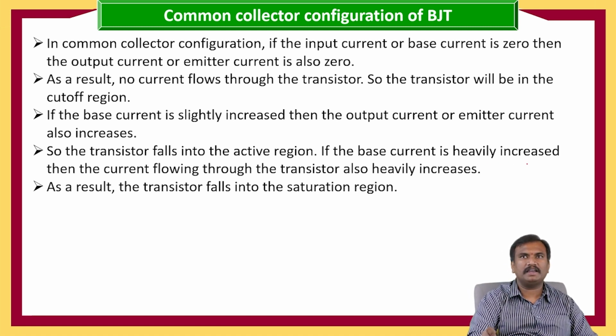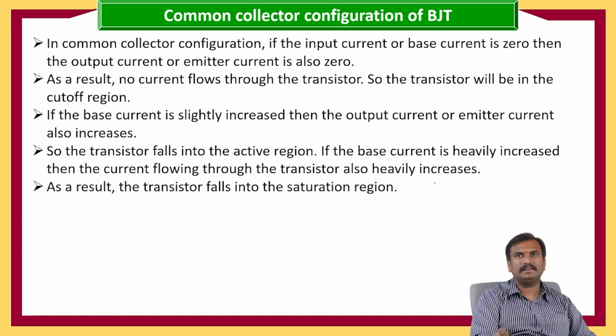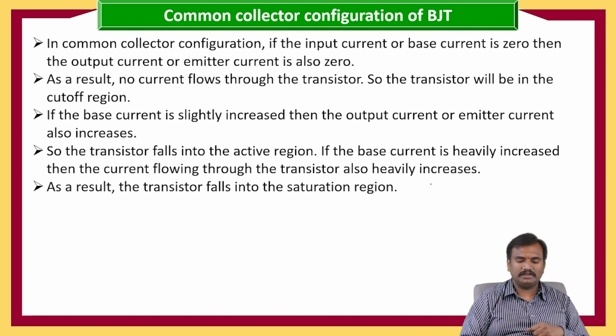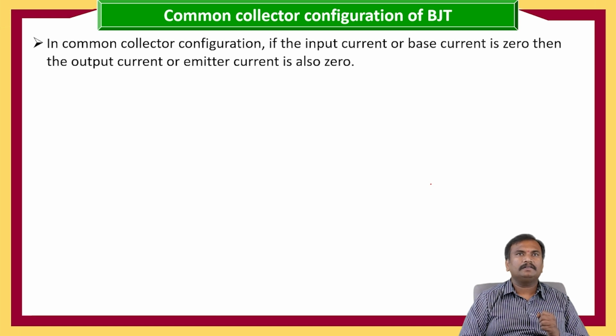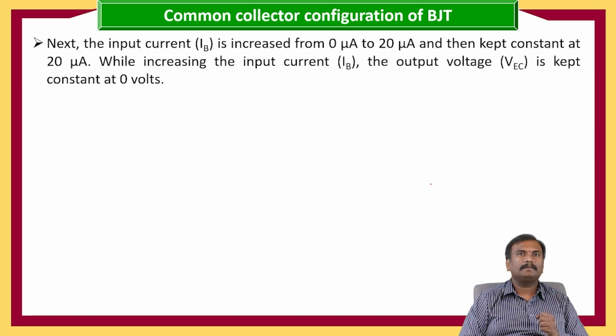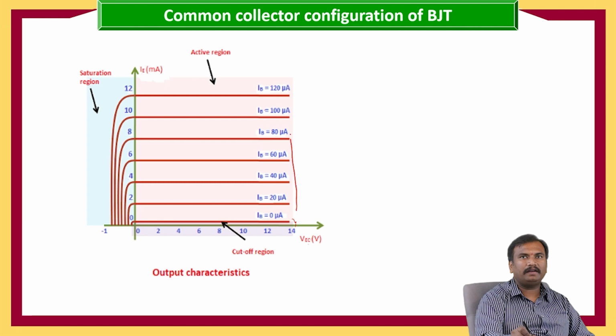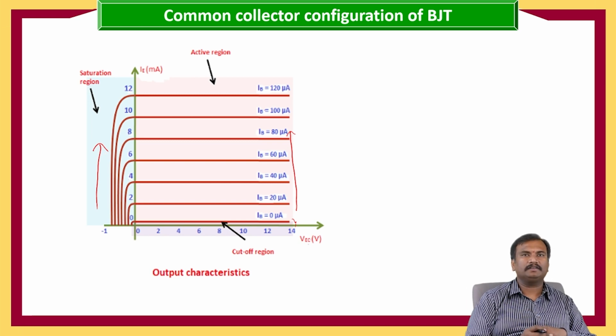If the base current is heavily increased, then the current flowing through the transistor also heavily increases, as we have seen in the characteristics. Here is the characteristics where when the base current increases, similarly, proportionally the emitter current is also increasing.